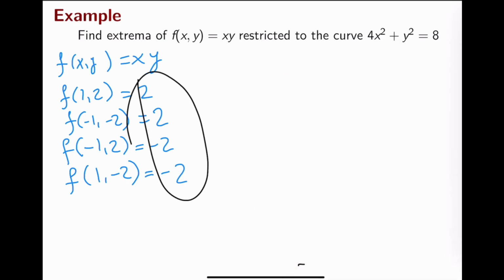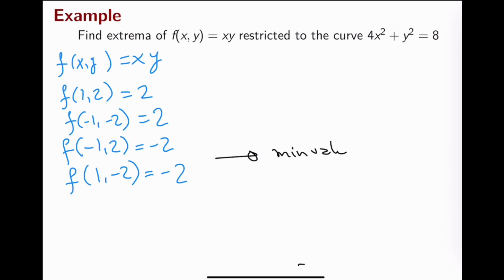Then we have just to look at the values and decide which one is the smallest and which one is the biggest. So clearly the minimum value is going to be -2, right? And it's going to be reached at (-1, 2) and at (1, -2).